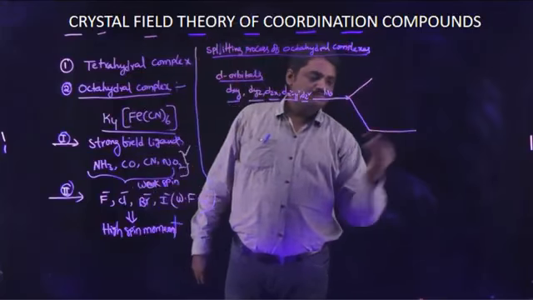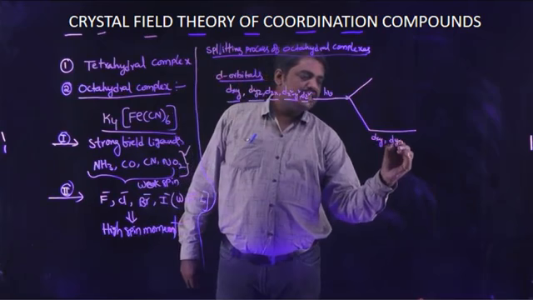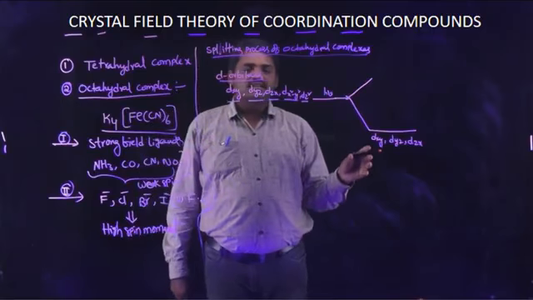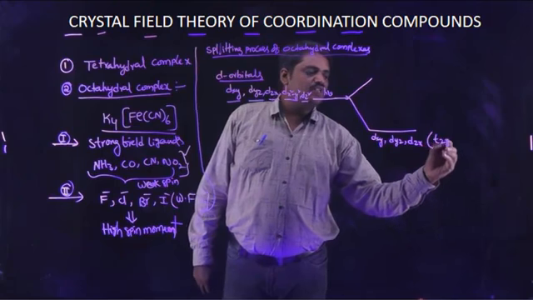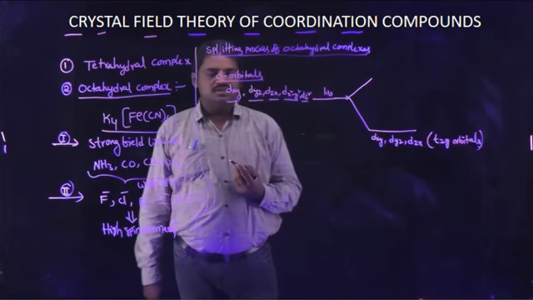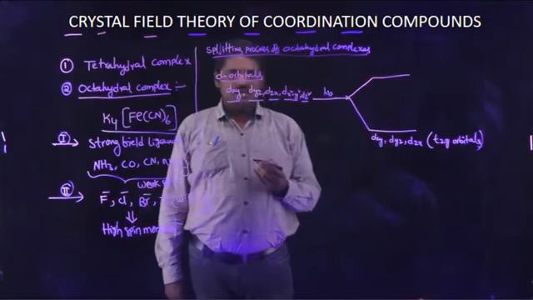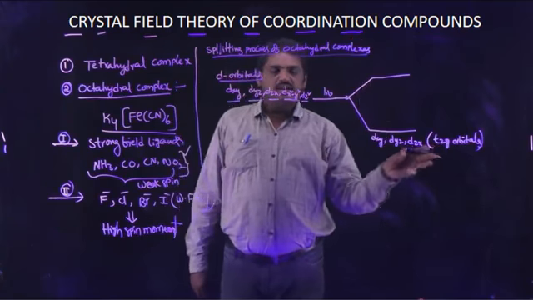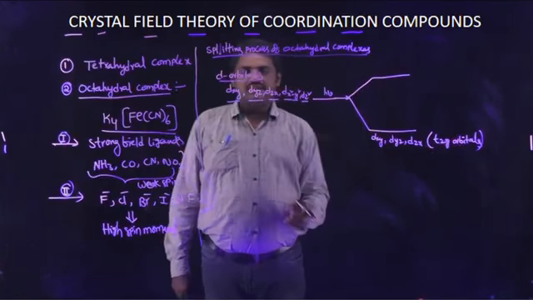For example, dxy, dyz and dzx, these 3 orbitals are at the lower energy level, and they are known as t2g orbitals.